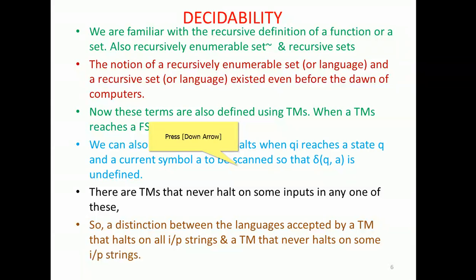After discussing decidability, the Turing machine also uses the concepts of recursive and recursively enumerable sets, though they existed before computers. Those terminologies are injected into Turing machine concepts too. There we see undefined and undecidable, and a clarity between these: all inputs acceptable, or only a few inputs acceptable or not, and so on.